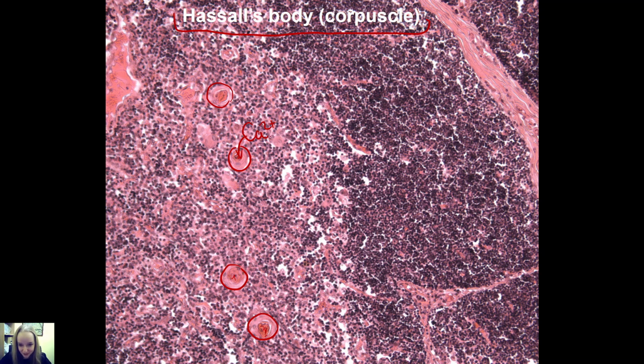Sometimes calcium will go to this Hassall body, and there's sometimes some kind of basophilia here, it's because of the process called dystrophic calcification. Because when something is dying in your body, calcium really enjoys that.